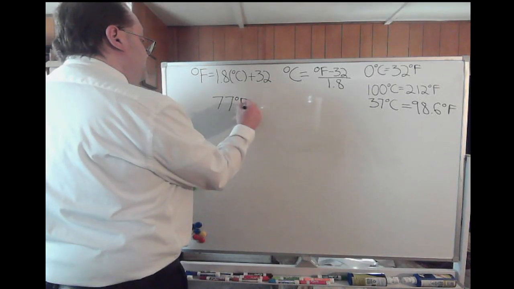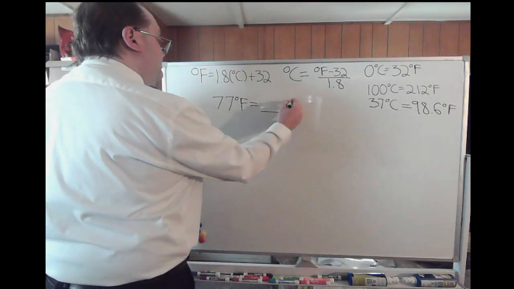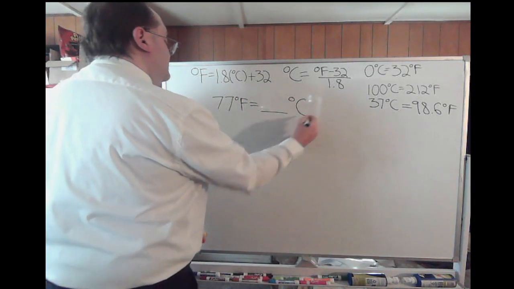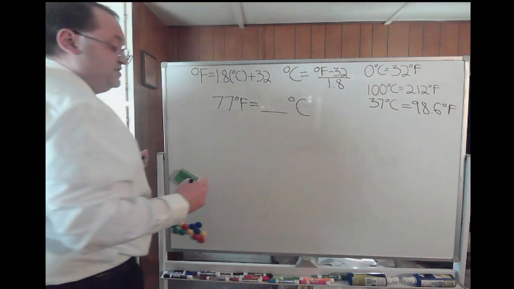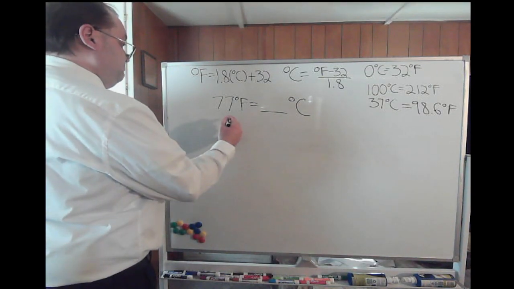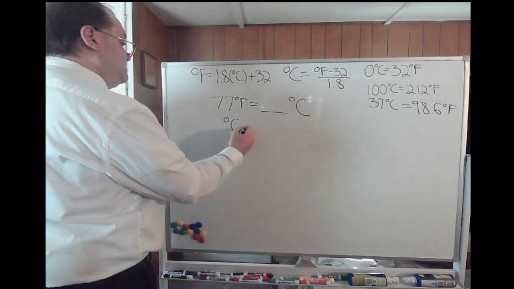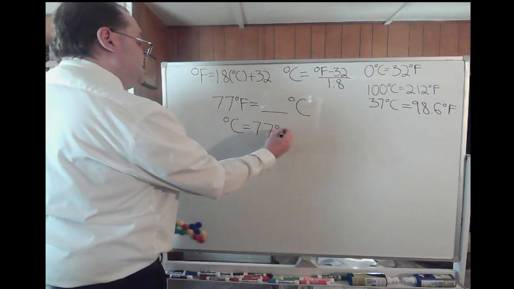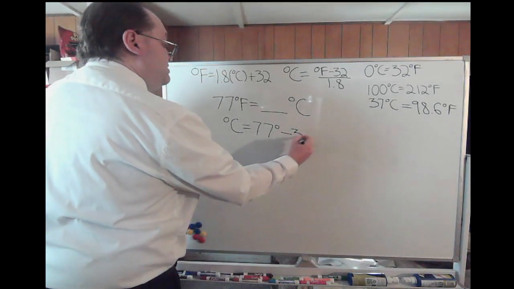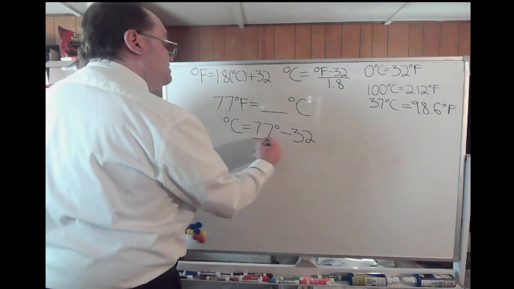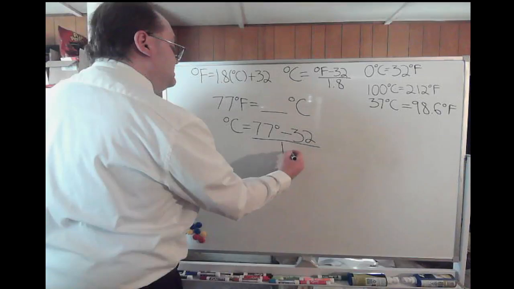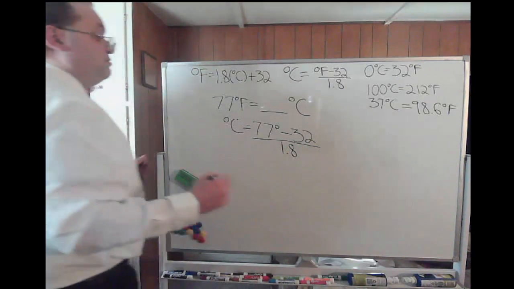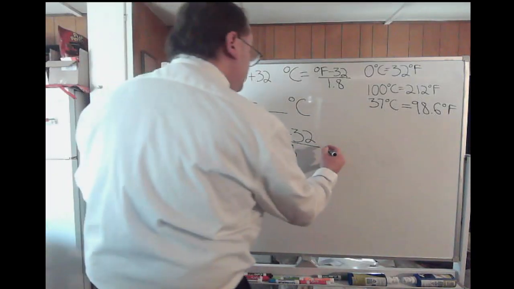Okay. Let's say it's a nice, balmy 77 degrees outside, right? Say it's 77 degrees Fahrenheit. We want to convert that to Celsius. That would be a nice day. I'd love to have 77. So what you're going to do to get your degrees Celsius is take your 77 Fahrenheit minus the 32 all over 1.8. 77 minus 32, well, that's going to be 45.